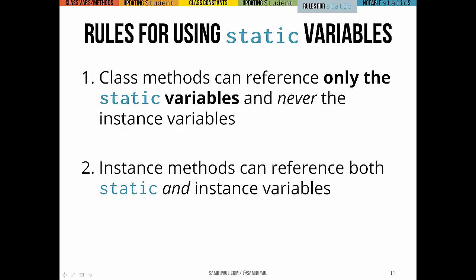The second rule is instance methods can refer to both static and instance variables. So the key thing here is static data, static variables and methods, exist right from when the code is compiled and don't rely on us making any new instances of the class.